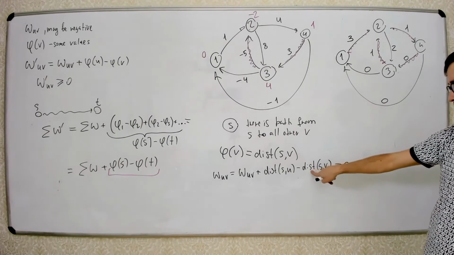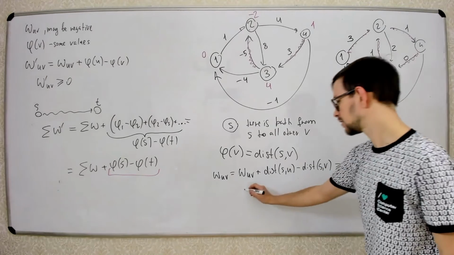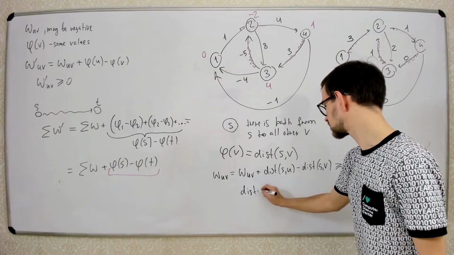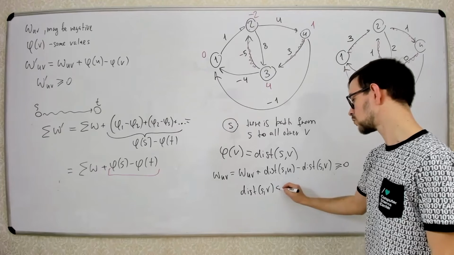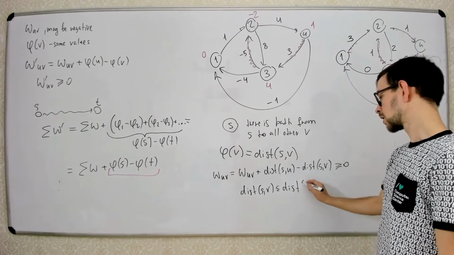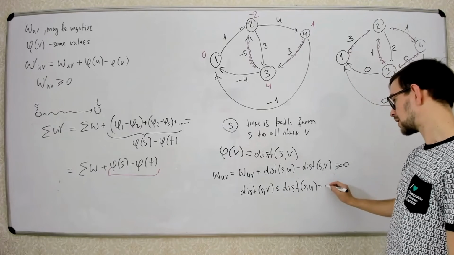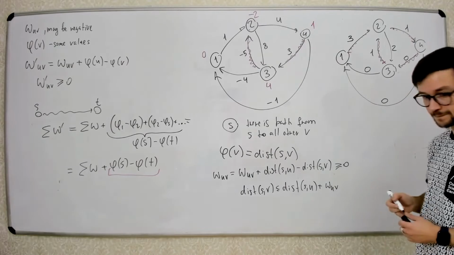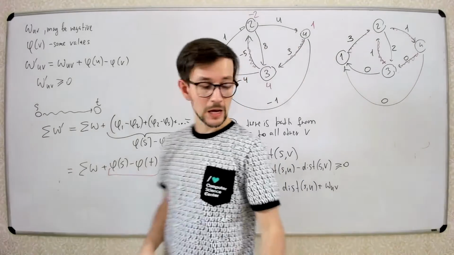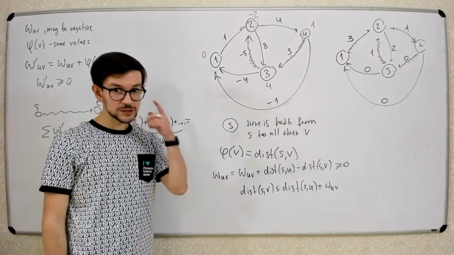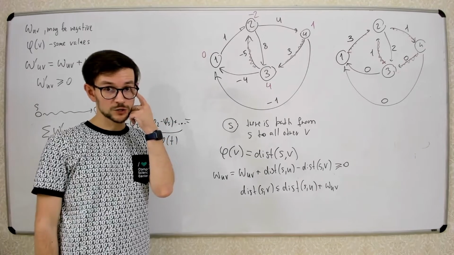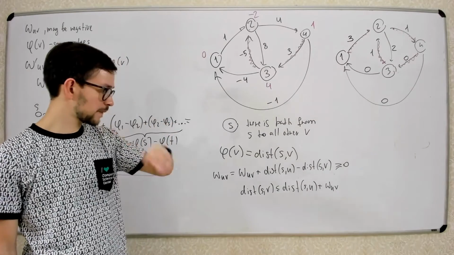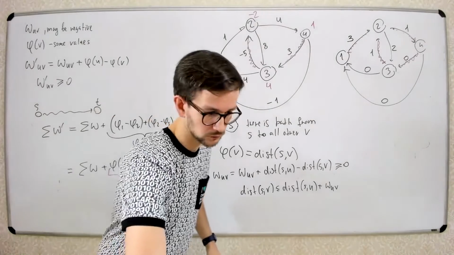I'll just transfer this to the right, and it's the same as saying the distance from S to V is no more than the distance from S to U plus the weight of the edge UV. And that's just the triangle inequality, right? So this is actually true.